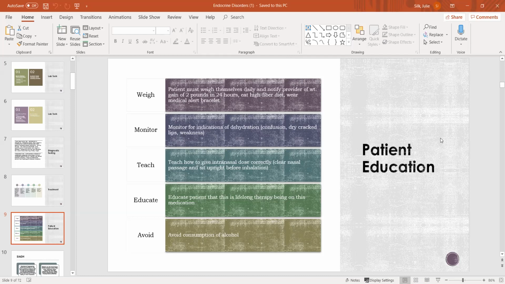And then which way are you supposed to point the nasal spray? Are you supposed to point it towards the middle part of your nose or a little bit out? I don't know that answer. Okay, that's okay. So you actually are supposed to point it out a little bit. They don't want you to point it towards your nasal septum because you can actually cause problems if you keep doing it that way.